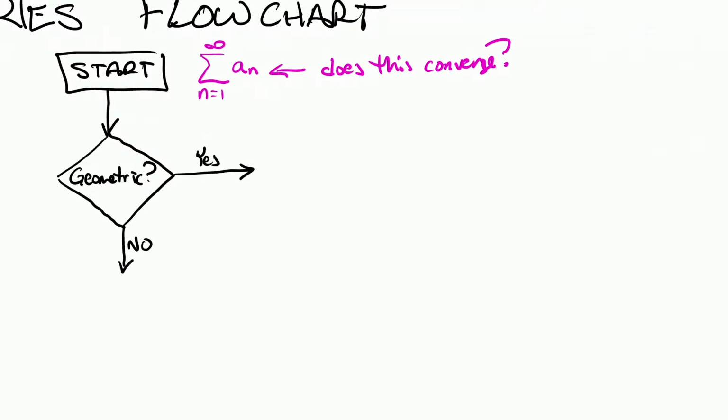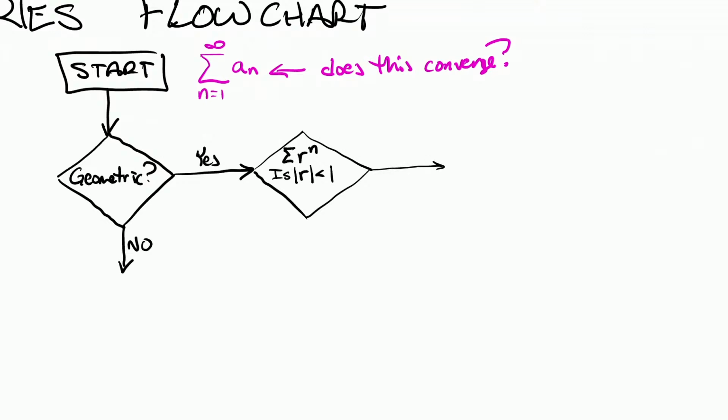And then if it is, I guess I'll make another one of these. So we have the sum of r to the n. And the question is, is the absolute value of r less than 1? And this is the one where the absolute value matters.